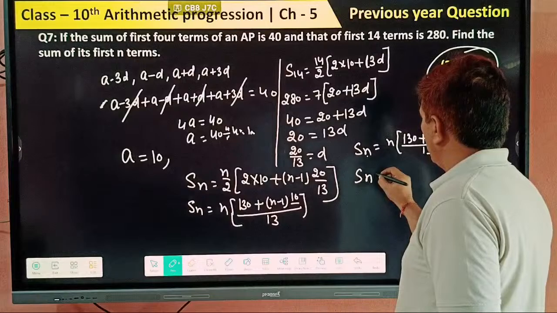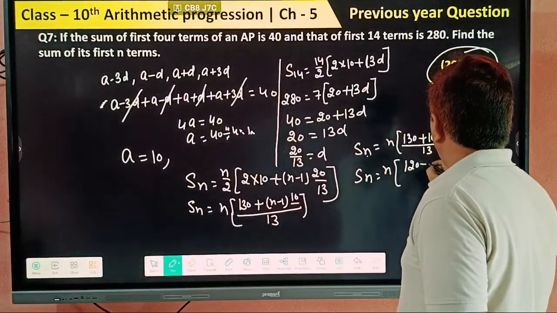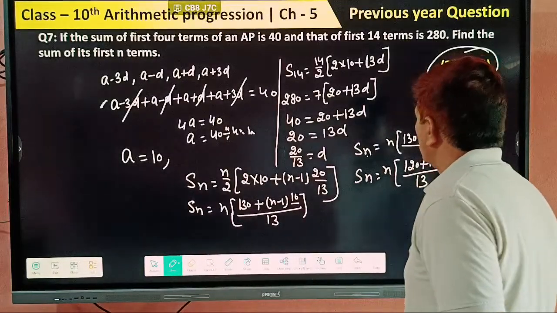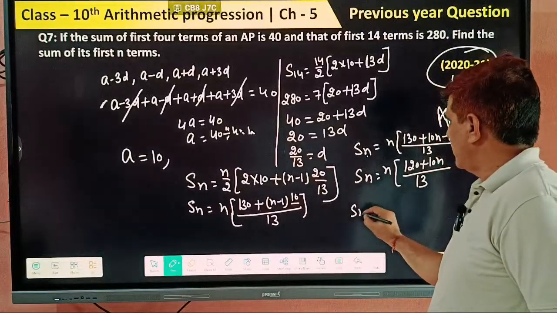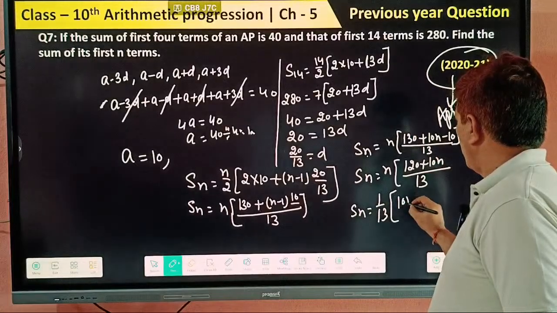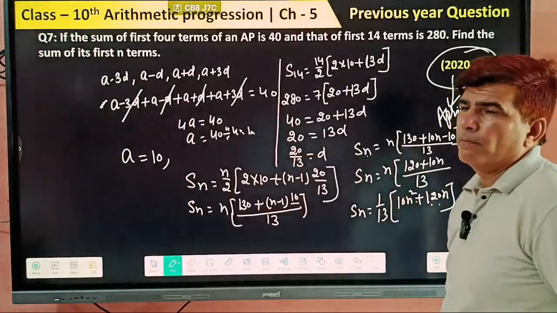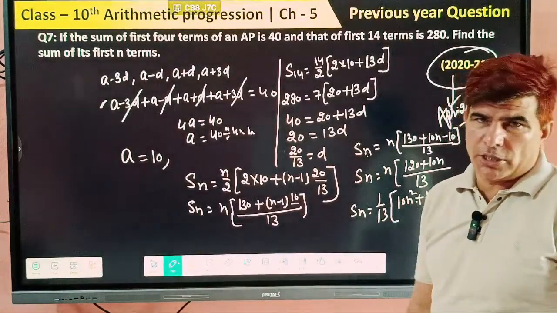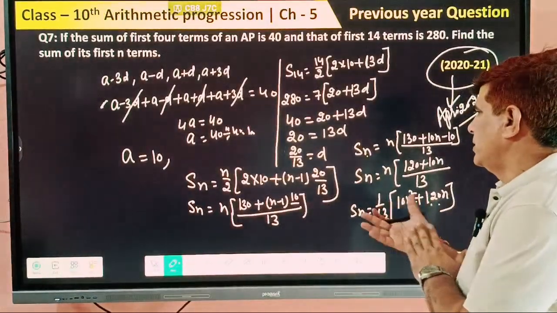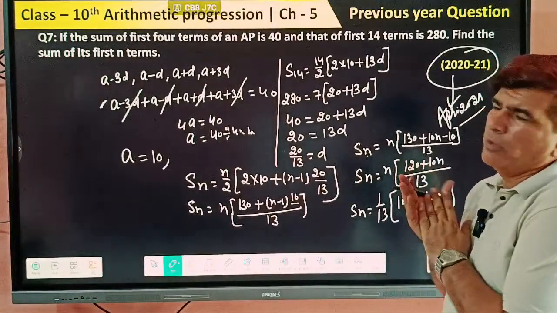So Sn equals n into 120 plus 10n by 13, or Sn equals 1 by 13 into 10n square plus 120n. If there is a calculation mistake I will tell you again. So this is the way of solving.